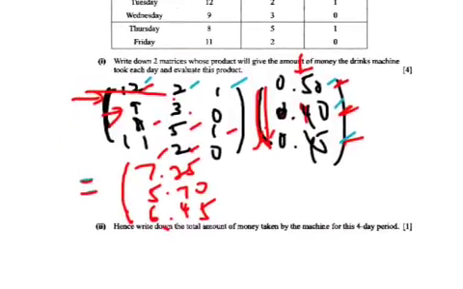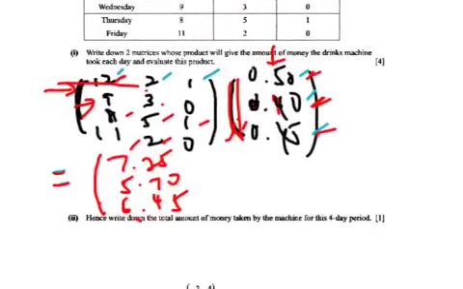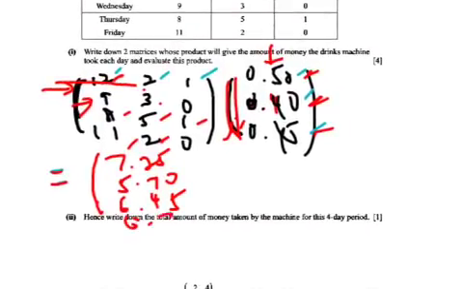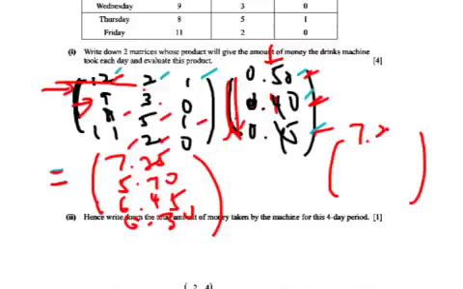So if I rewrite them again, it's $6.30. Technically you will notice that we write this on the side: 7.25, 5.70, 6.45, and 6.30.